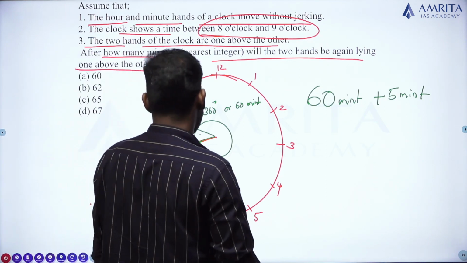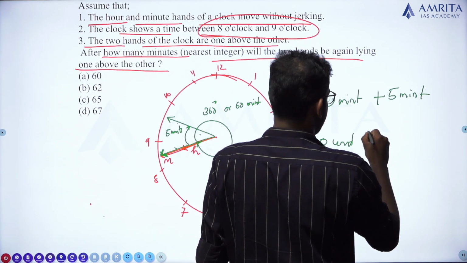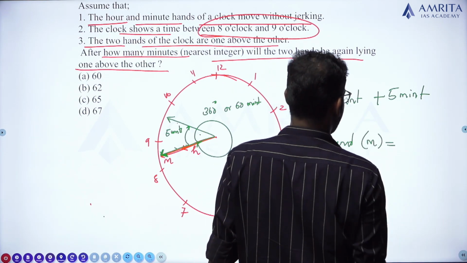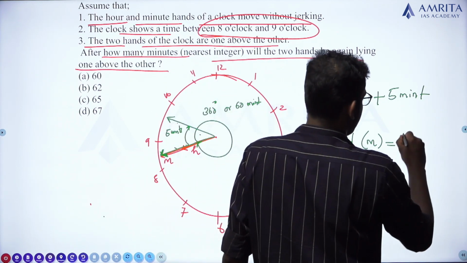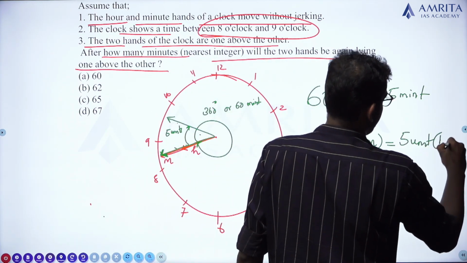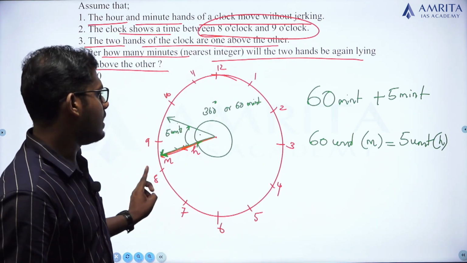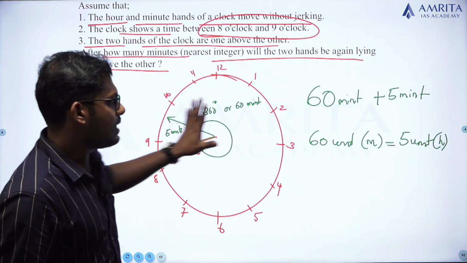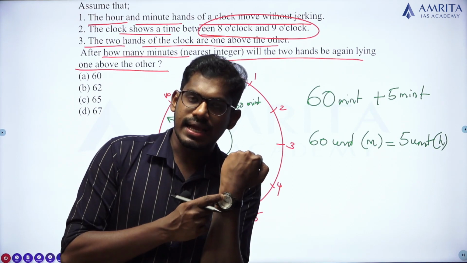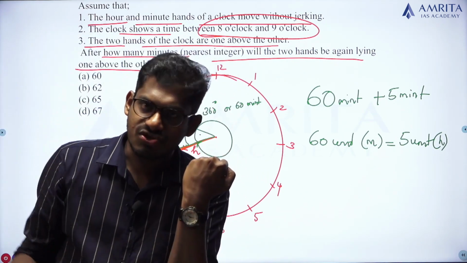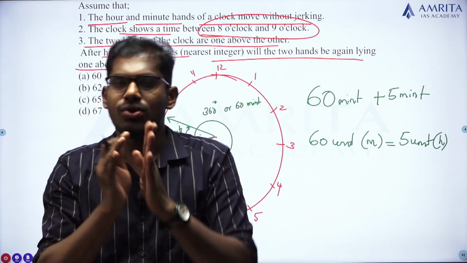Understand one thing, we know 60 units in minutes, which means one complete revolution, is equal to 5 units in hour, which means that if the minute hand covers 60 units, then the hour hand will move 5 units.